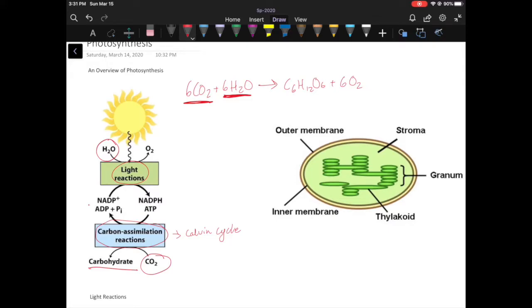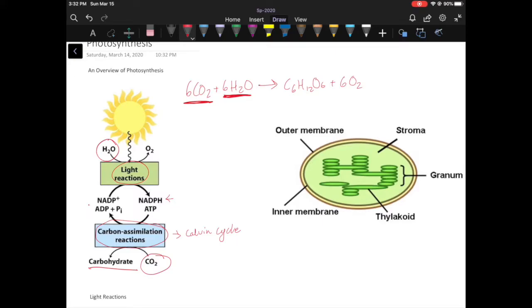Alright, so for the light reactions, the electrons from water are passed down an electron transport chain similar to that in the mitochondria with cellular respiration. And those electrons are passed to NADPH. And NADPH, just like NADH, is an electron carrier.